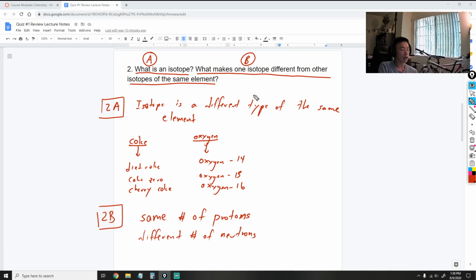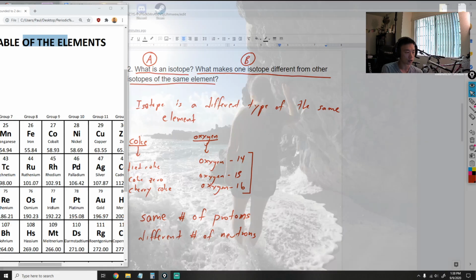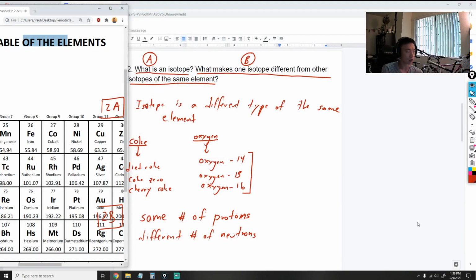Okay, so every isotope of the same element will have the same number of protons, but they'll have different number of neutrons. So if you notice, let's take a look at our oxygen example. They're all oxygen. It doesn't matter if it's oxygen 14, 15, or 16, they're still oxygen. And since they're all oxygen, they're going to have the same number of protons.